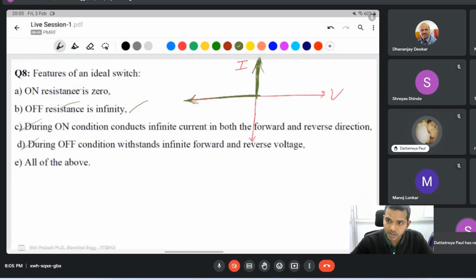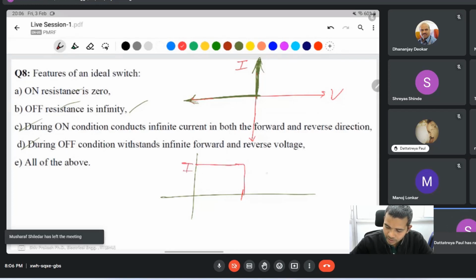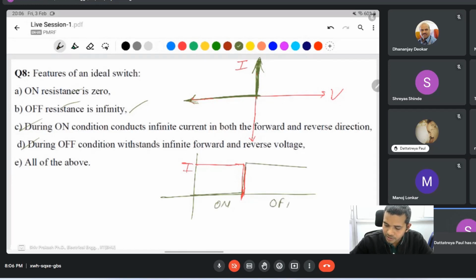Ideal switch. In an ideal switch, if you plot current and voltage, one state is on and one is off. When the switch is on, the current flows, and when the switch is off, the current is 0 and the maximum voltage is applied across the diode.